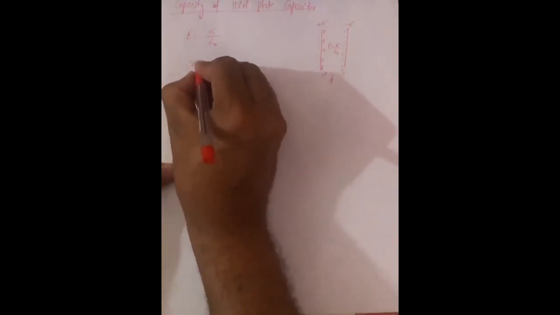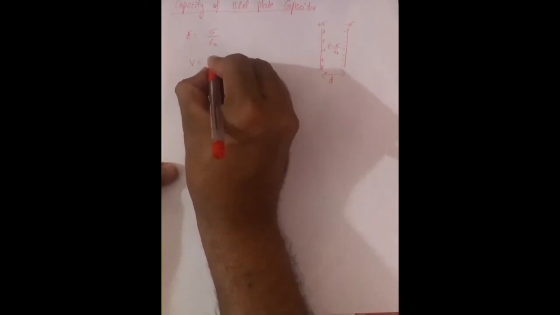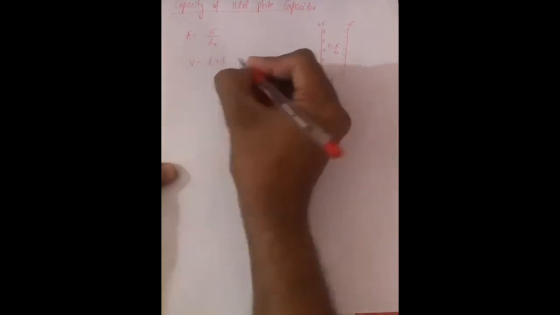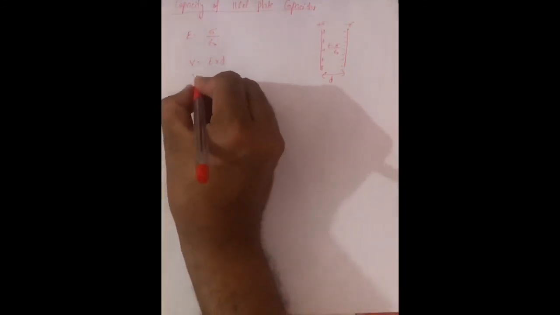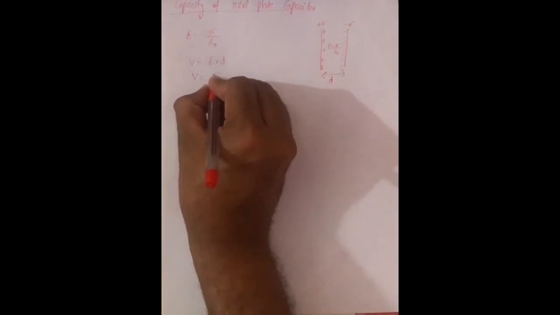Now to calculate the capacitance of this capacitor, we will have to first calculate the potential. Now what is potential? We know electrostatic potential is equal to electric field into D. D is the distance between these two plates. Now as we know, electric field is equal to sigma by epsilon naught.